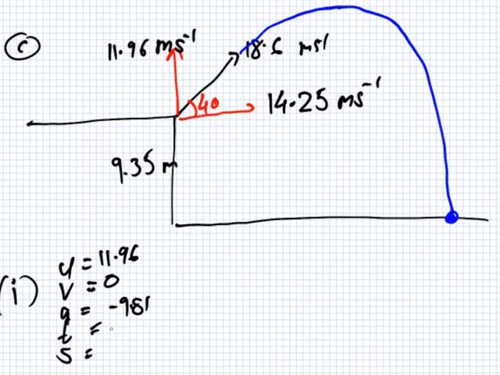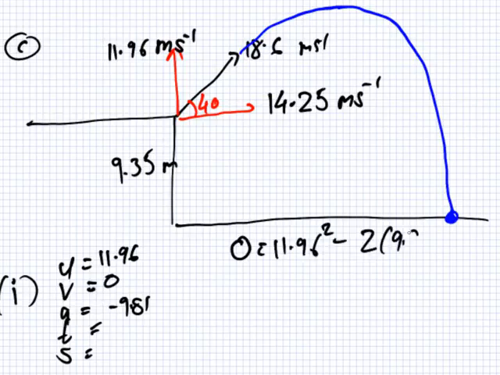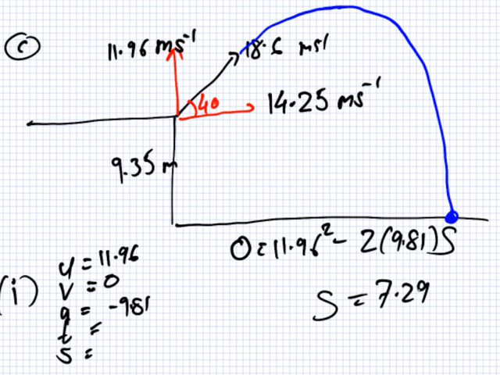V squared equals U squared plus 2AS. S equals 7.29.